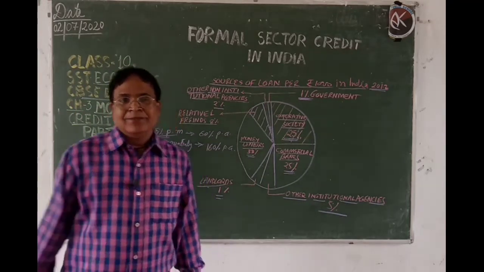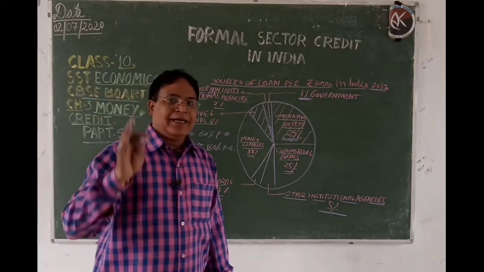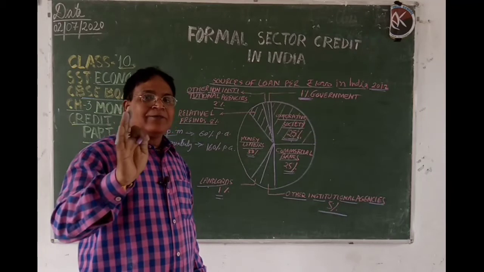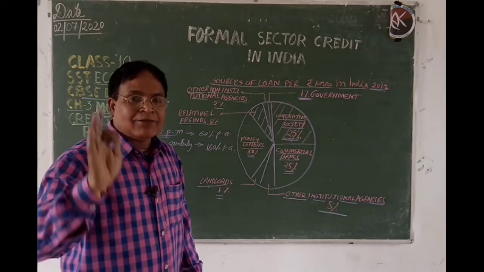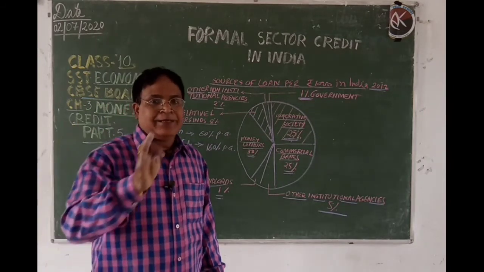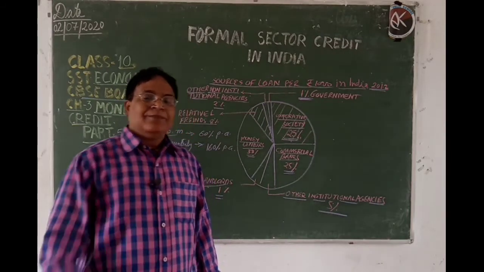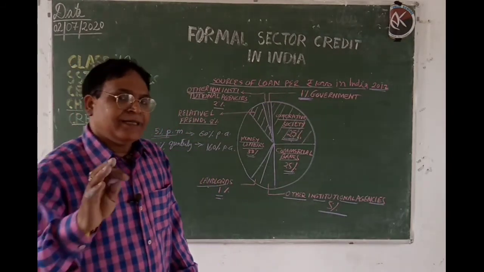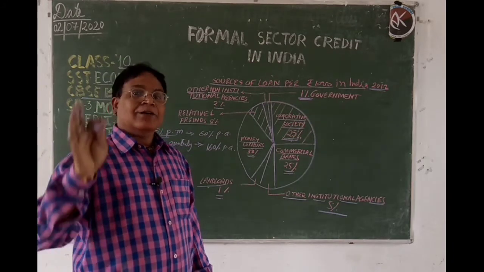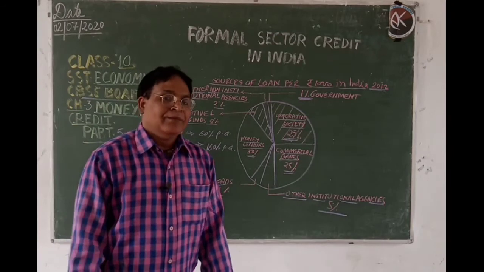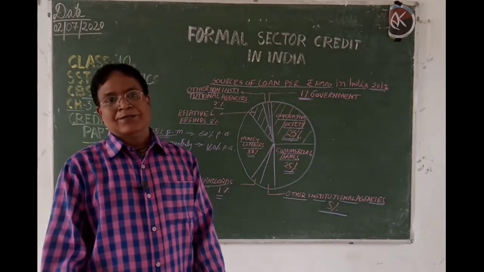And children, one thing more, Reserve Bank of India has special guidelines that all banks should provide cheap credit in rural area. Either they establish Gramin Bank or any other agencies, and with the help of this, every needy person should be provided. Government does not provide credit for profit, it is for welfare of the society.